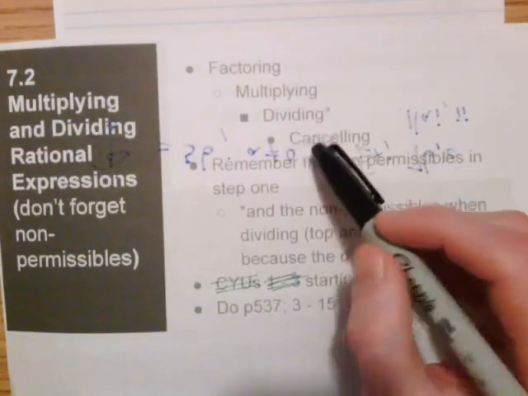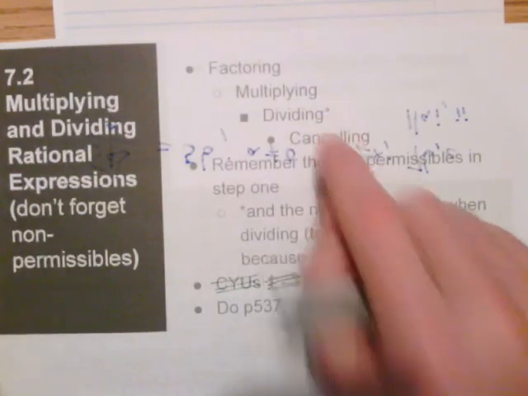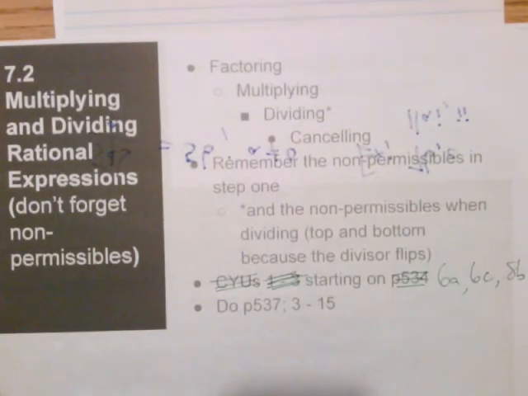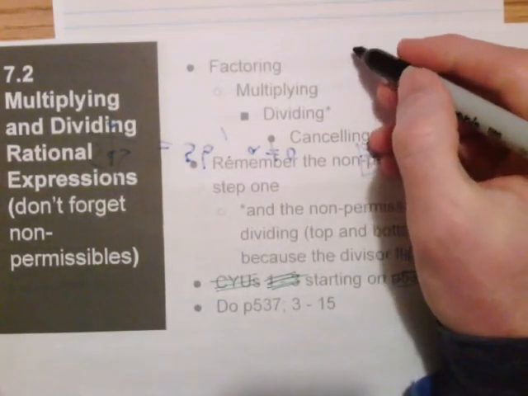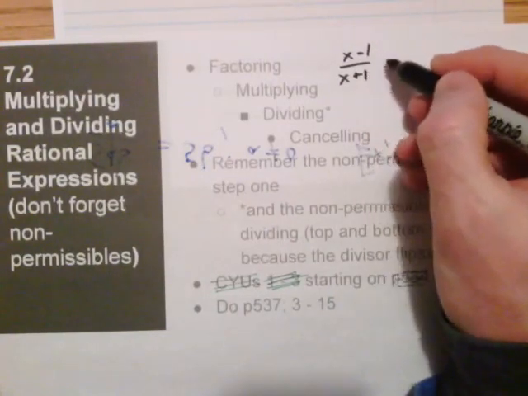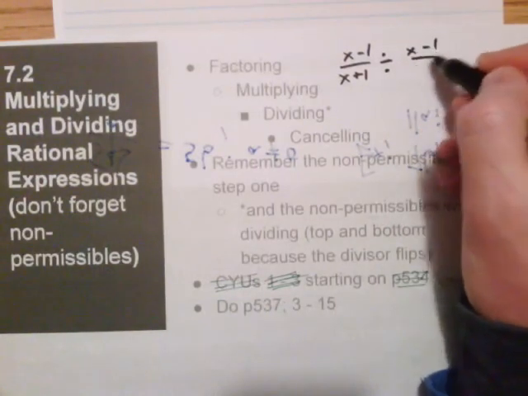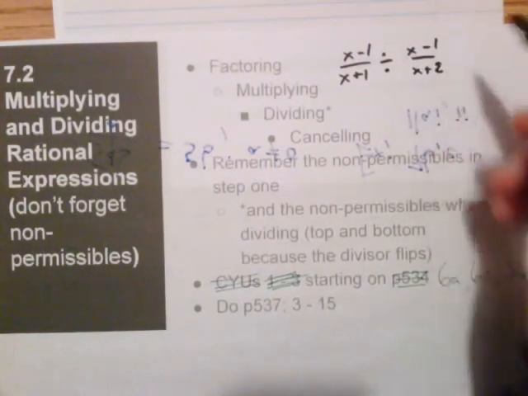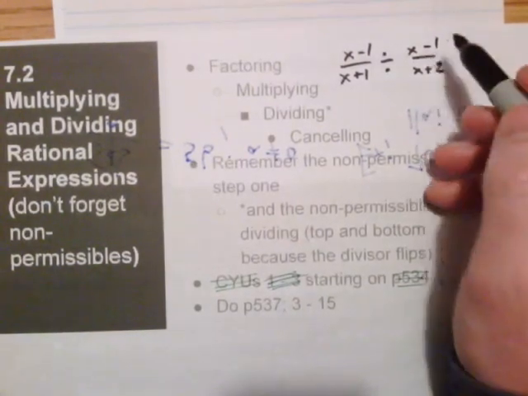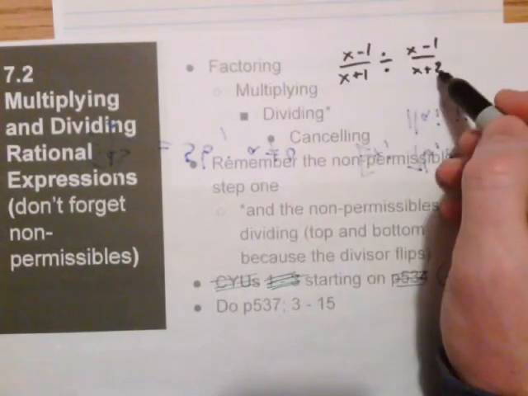So you're going to multiply or divide. Now dividing, I put an asterisk there, because if you have, I'll just keep it simple, like x minus 1 over x plus 1 divided by x minus 1 over x plus 2, so it doesn't all cancel. Right now, -1 and -2 are non-permissibles.